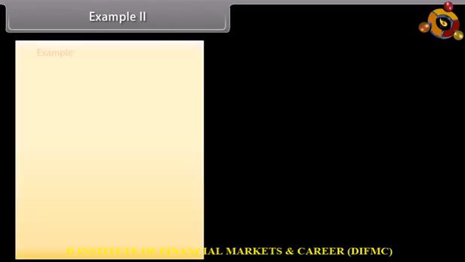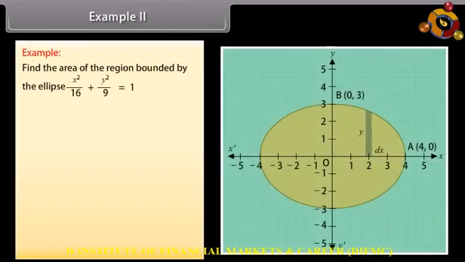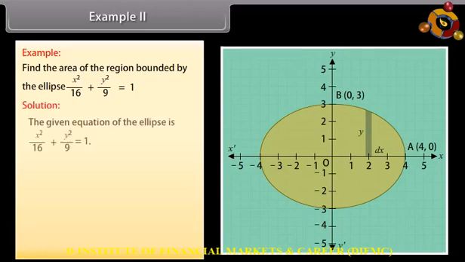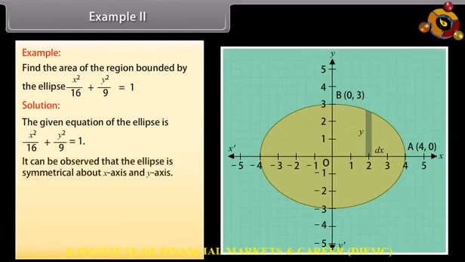Example 2. Find the area of the region bounded by the ellipse x squared upon 16 plus y squared upon 9 equals 1. Solution. The given equation of the ellipse is x squared upon 16 plus y squared upon 9 equals 1. It can be observed that the ellipse is symmetrical about the x-axis and y-axis.